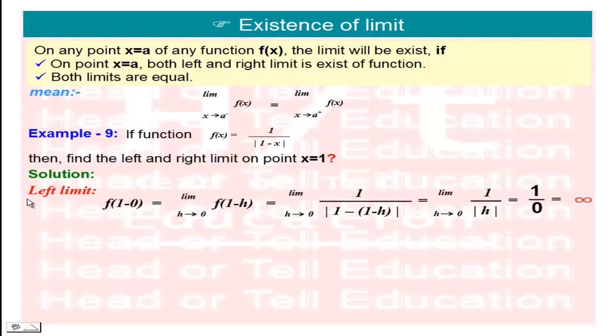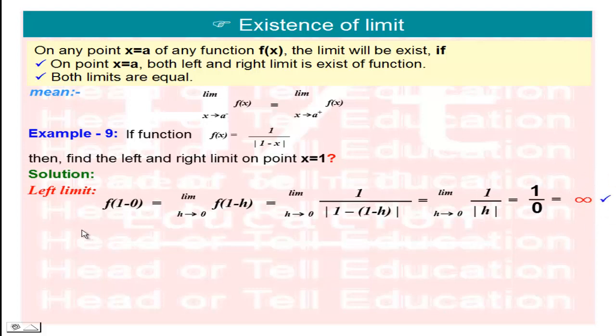The solution: for the left limit, at the point x equal to 1, f(1 minus 0) equals the limit as h tends to 0 of f(1 minus h), which equals the limit as h tends to 0 of 1 divided by modulus of (1 minus (1 minus h)), which equals the limit as h tends to 0 of 1 divided by modulus h, so equals 1 divided by 0, which equals infinity. So this is the left limit.